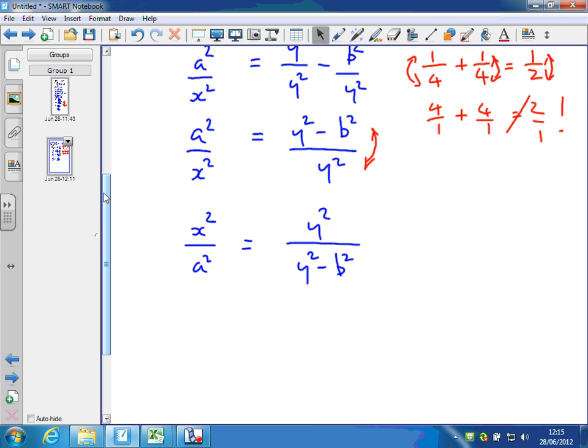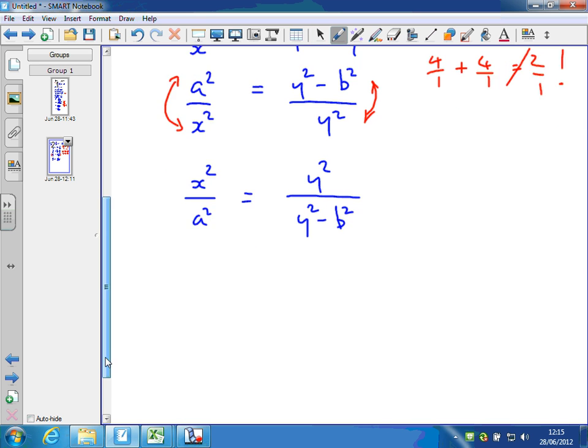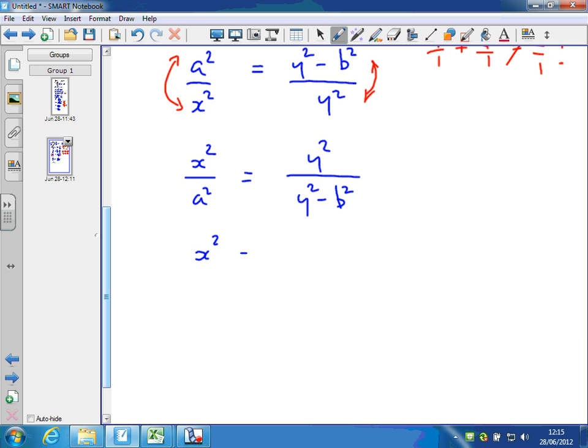Inverting both sides. Got ahead of myself a bit there. So now just multiply both sides by a squared, and I've got that x squared equals a squared y squared over y squared minus b squared. And then we're at the same position, finding x, we square root both sides, and we would end up with the same answer.